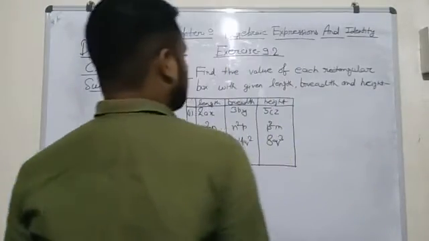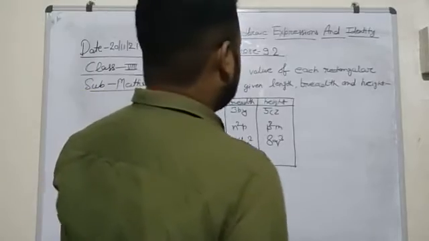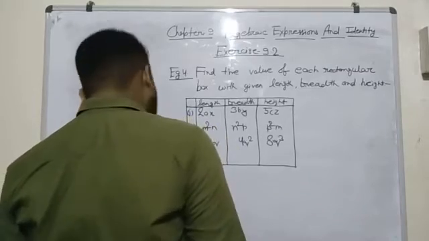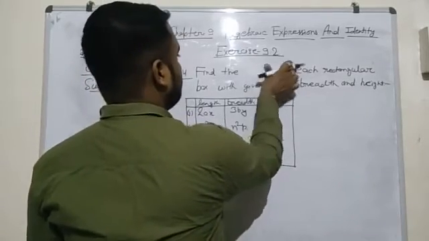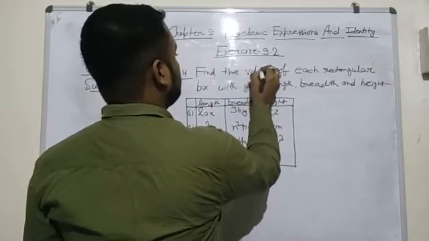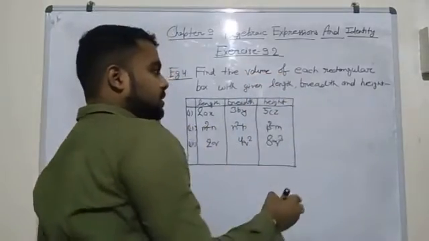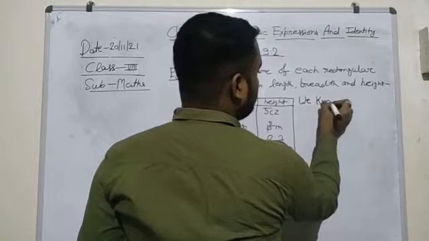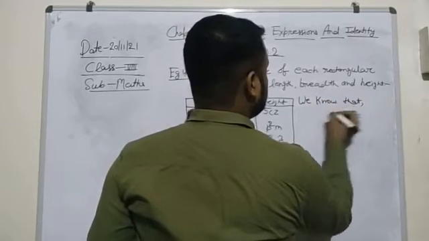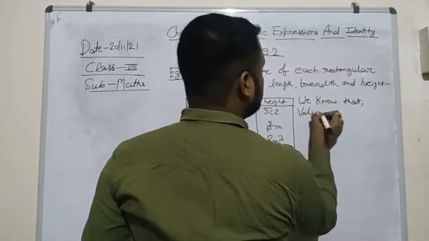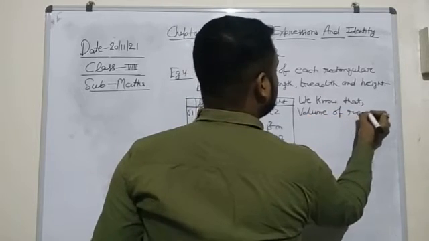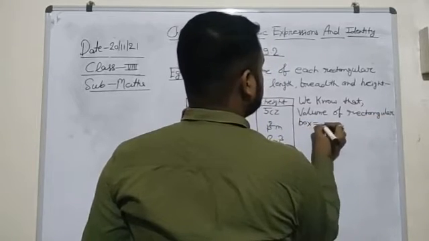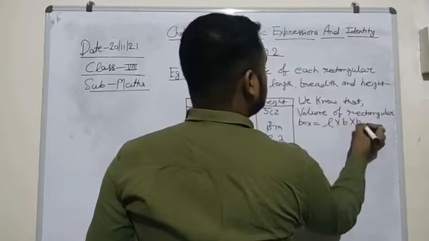Now we have to find the volume, not the value. Find the volume of each rectangular box. We know that volume of a rectangular box is equal to length into breadth into height.